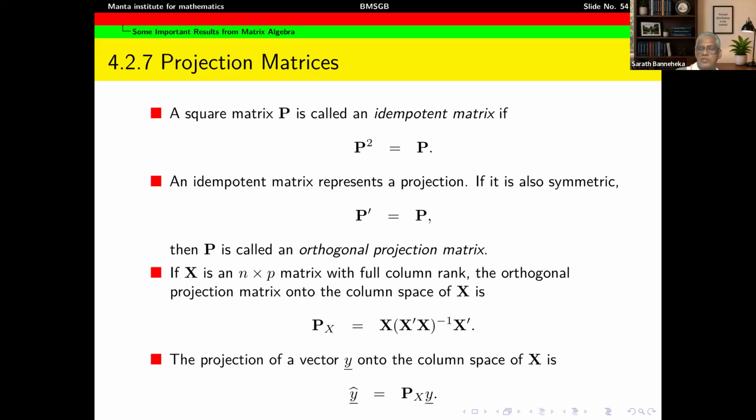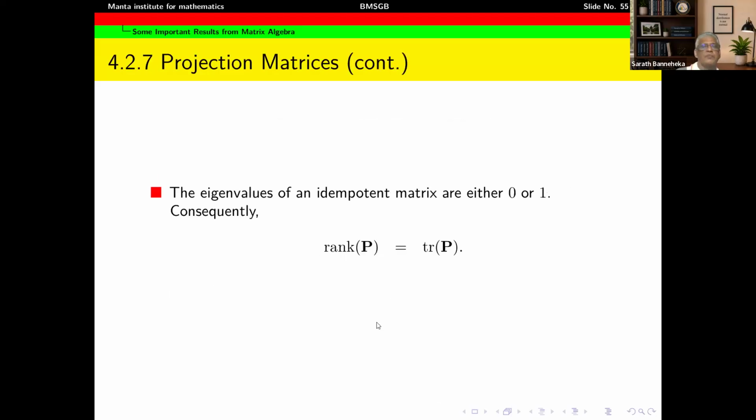In the multiple linear regression, when you get the estimates using the least squares method, this is what you call the hat matrix. So y hat is equal to H times y. Usually we write that. That is also called the hat matrix in that situation.